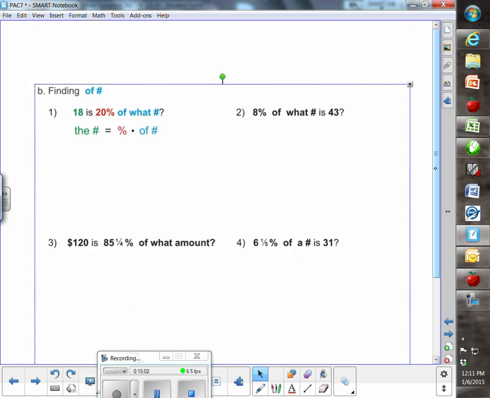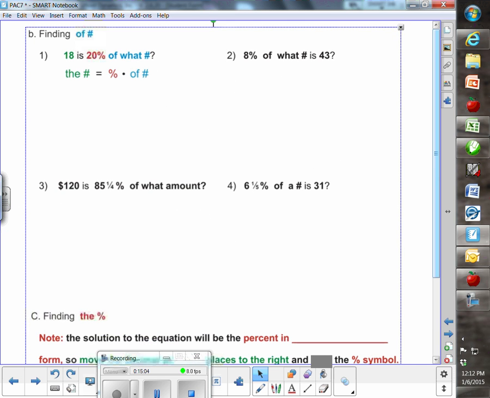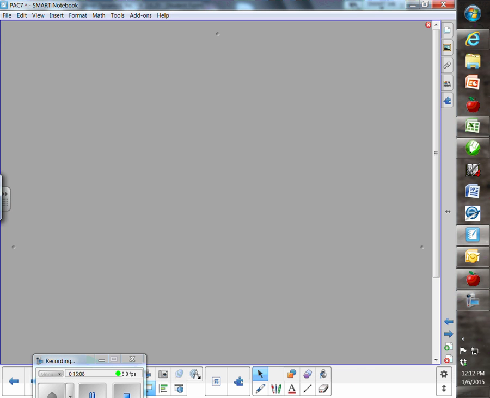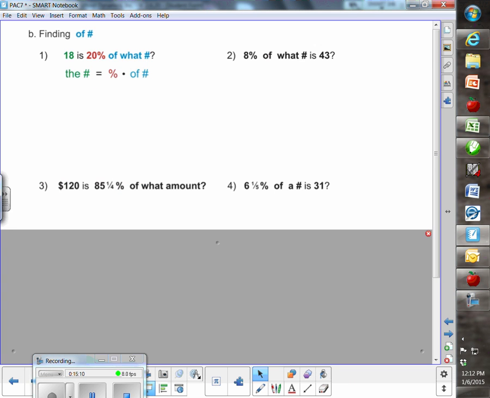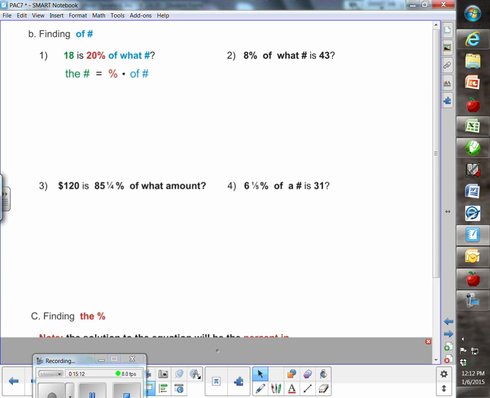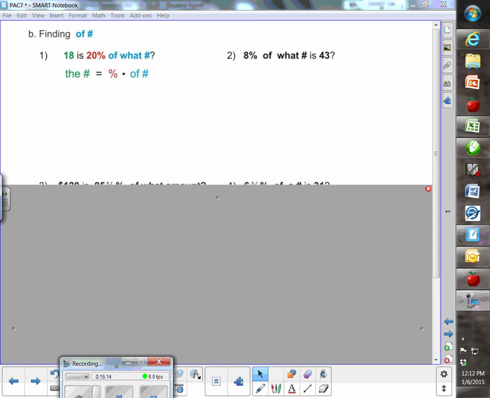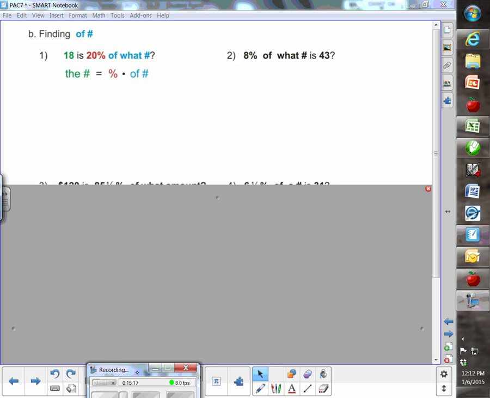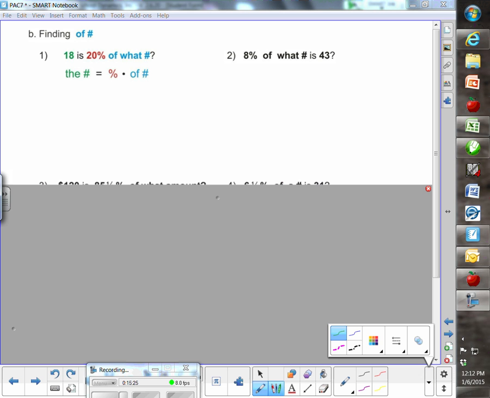Okay, so that's one of the three kinds. Here's the second situation. Let me get my shade up. The second situation involves finding the of number. Okay, so here we are again. I've got the formula up there. For time's sake, let's go ahead and get right to it.